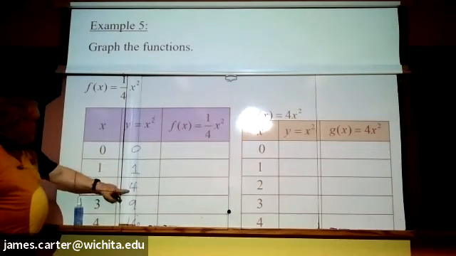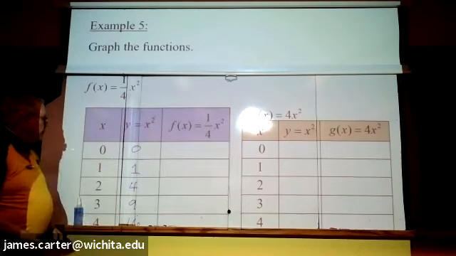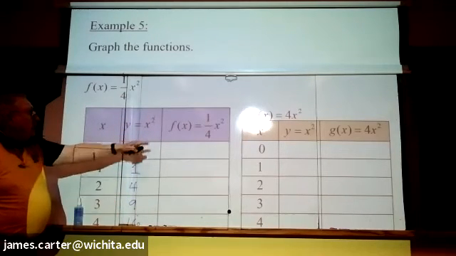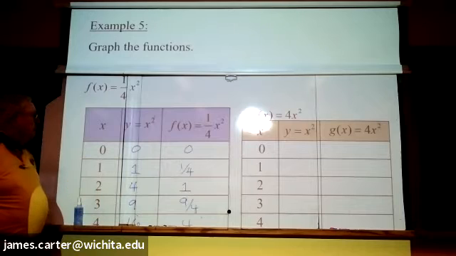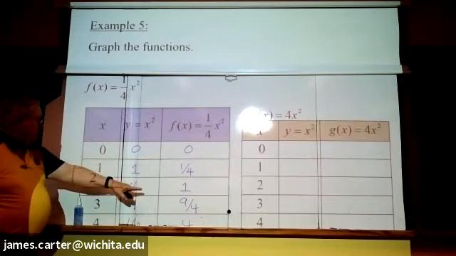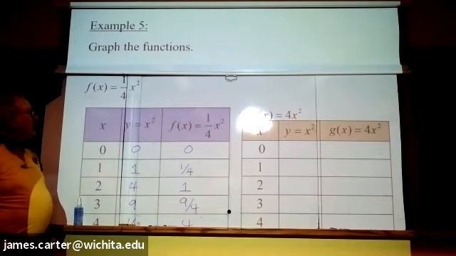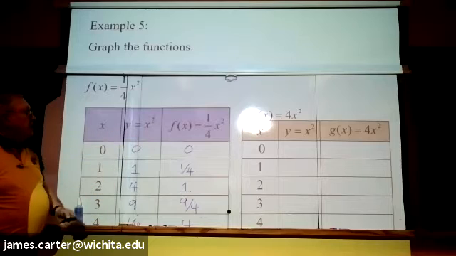And actually, these are plus or minus because they go on both sides. Here we would get 1/4 of this one, 1/4 of this, 1/4 of this, and so on. And again, those are plus or minus because of the square.